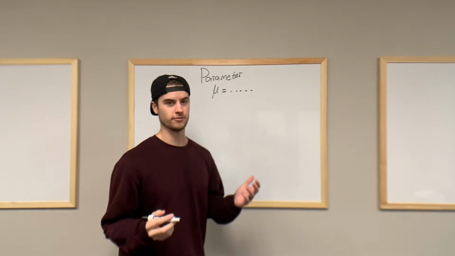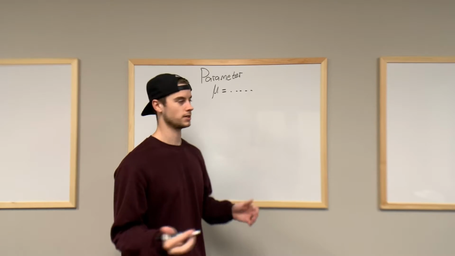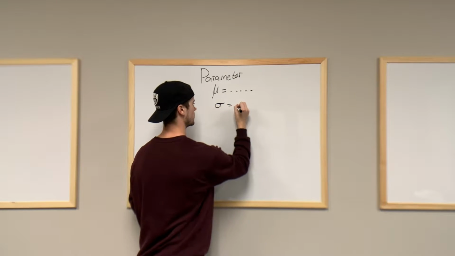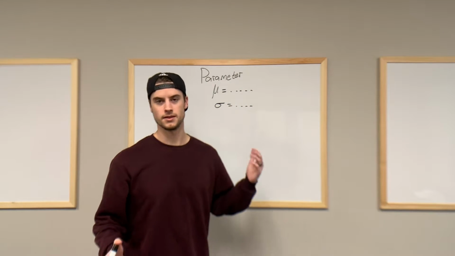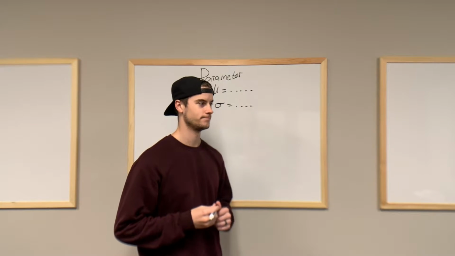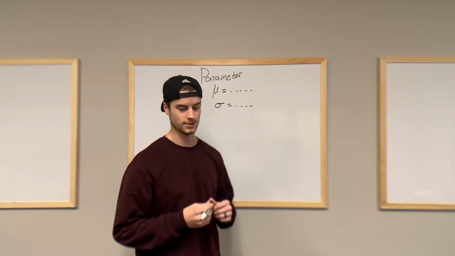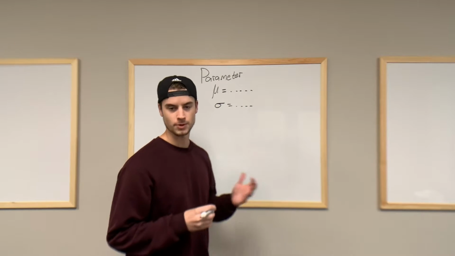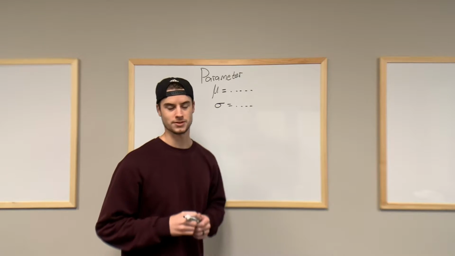And we can also have standard deviation, which is usually denoted by this. Some call it variance as well, but I normally just call it standard deviation. We'll talk more about that in a later chapter, okay? But that's what a parameter is. It's just a measurement of the population, right?